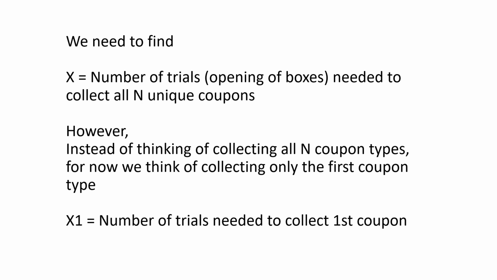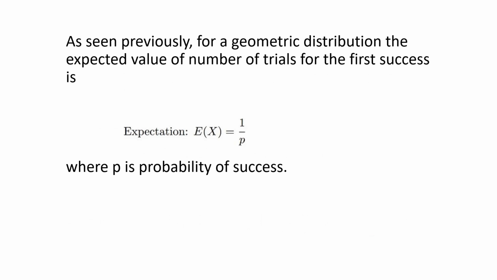And let's denote this by random variable x1, which is the number of trials needed to collect the first coupon. As seen previously, for a geometric distribution, the expected value of the number of trials for the first success is given by 1 over p, where p is the probability of success.